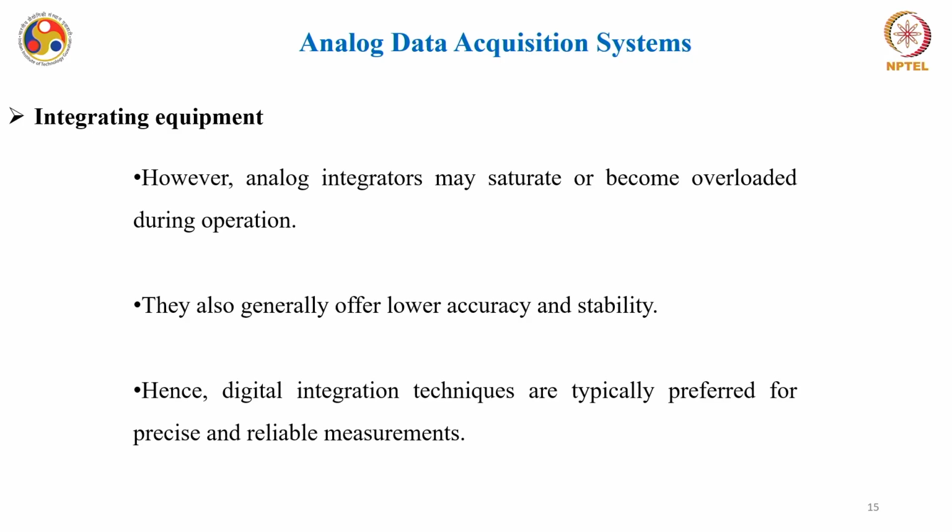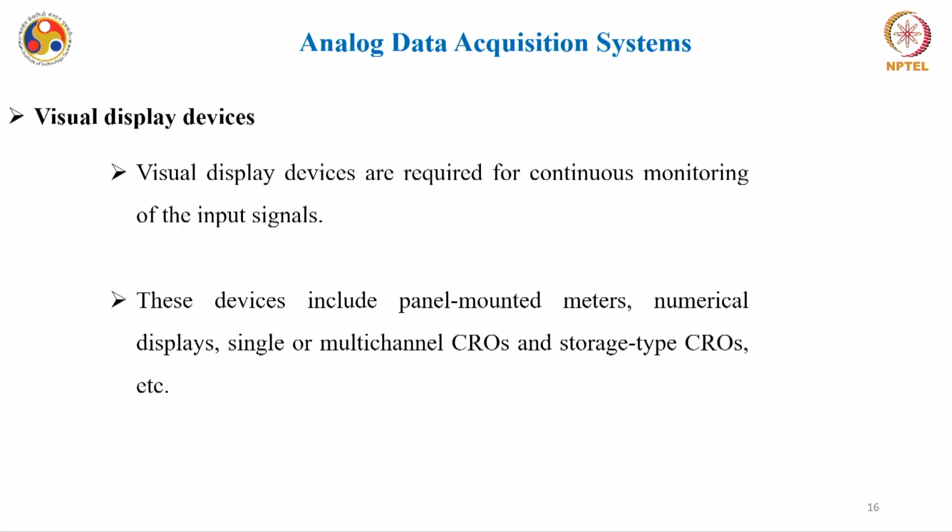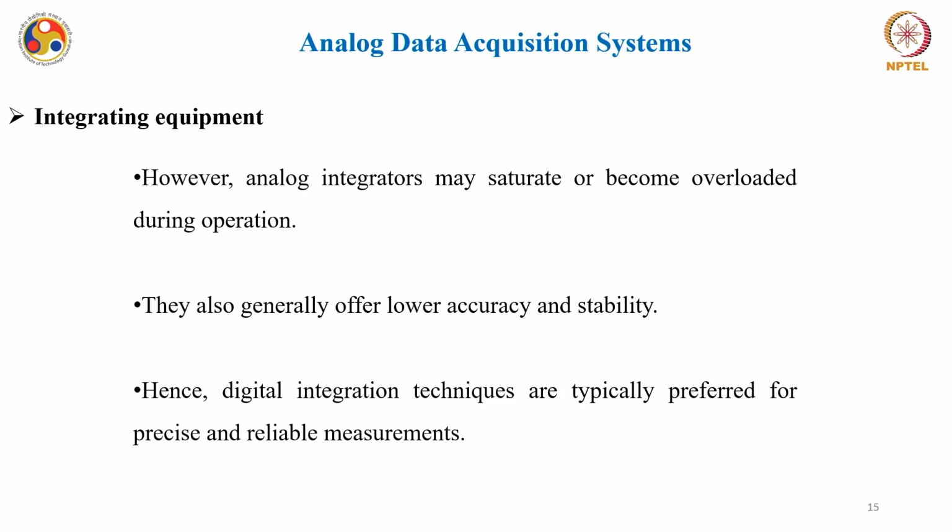However, the analog integrators may saturate or become overloaded during operation, and they also generally offer low accuracy and stability. Therefore, digital integration techniques are preferred over these analog integrators because of their precision and reliable measurements.